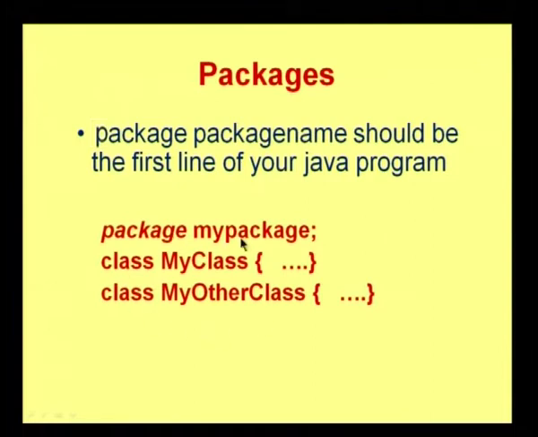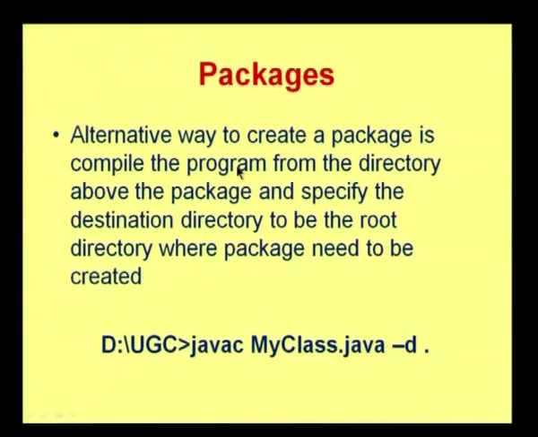After compilation, I put them inside a folder called my package. The folder is nothing but the directory, which is nothing but your package. So, inside the directory my package I have put my class and my other class files. Two class files reside in the package named my package, which is nothing but our directory. So, this is one way of creating your package.